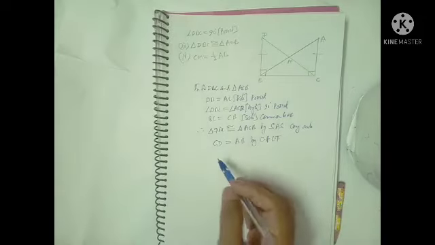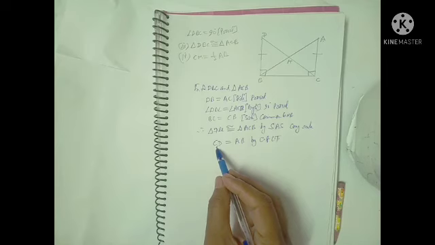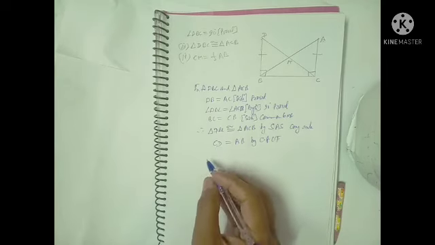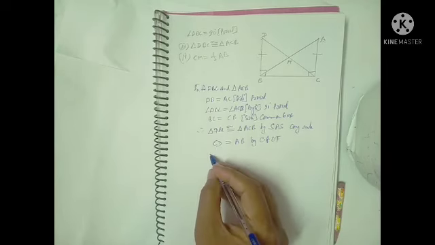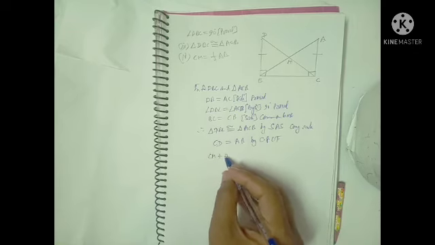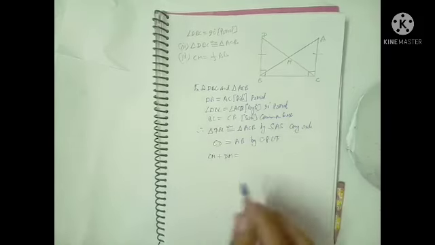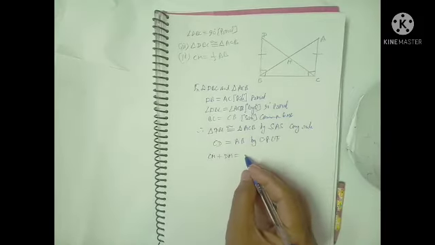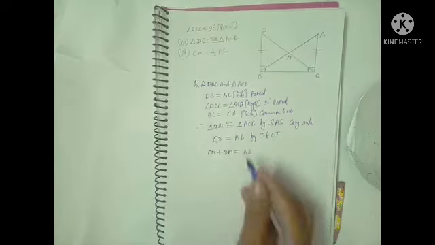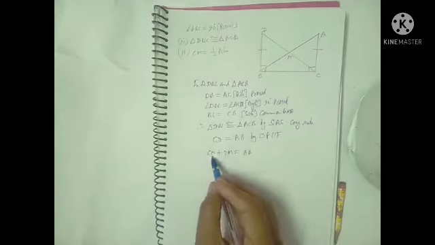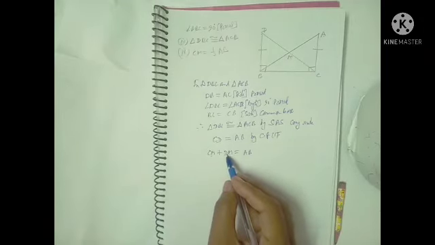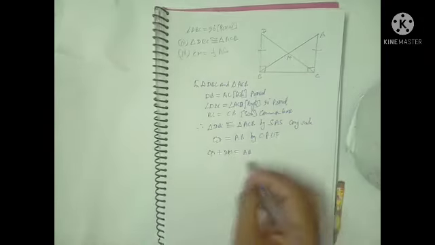Now we can start. CD means CM plus DM. And AB is AB only, because we want AB as the answer. Now CM and DM are both equal because M is the midpoint of DC.